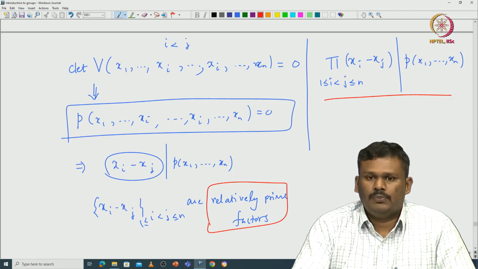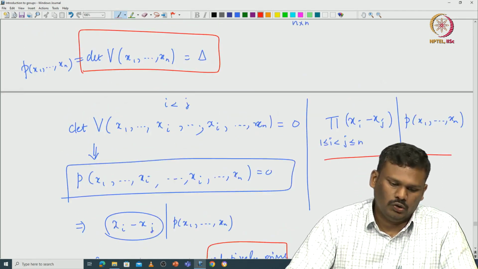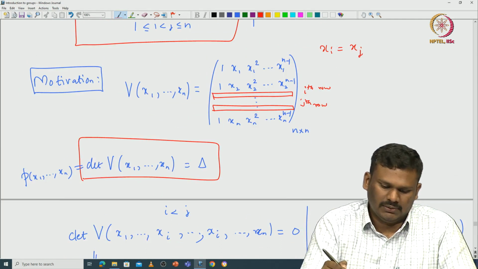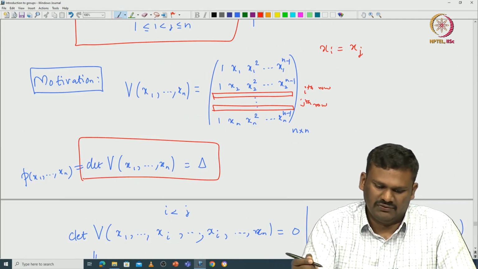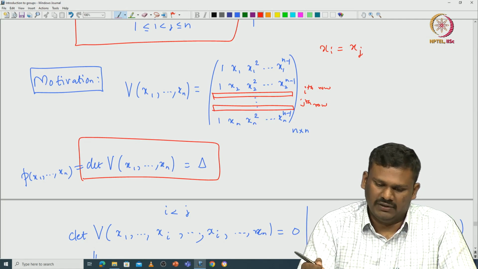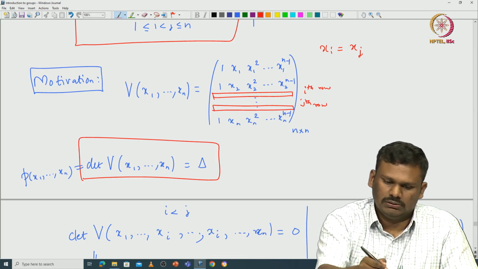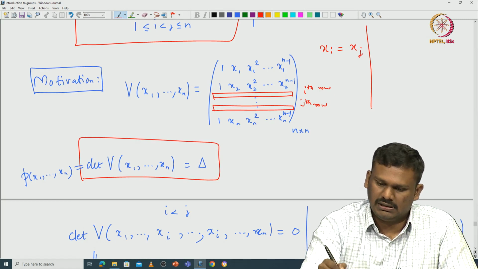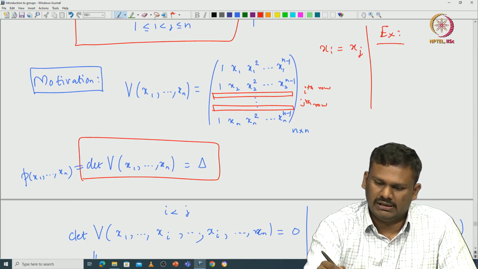So now if you compute the degree, that is easy to do because this is just the determinant of this particular matrix V of x1 etc. xn. So I will leave it to you to compute the degree of this. So here is the exercise. What is the exercise?